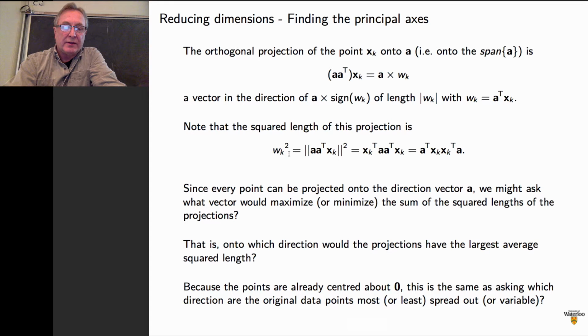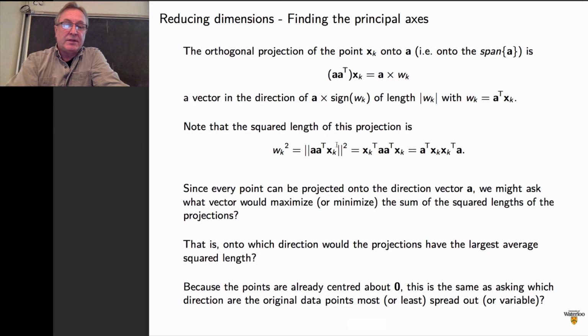And if you look at the WK squared, that's the squared Euclidean length of the projection, how far along you are in this direction. You know what the Euclidean length is: the squared Euclidean length of a vector y is just y transpose y.